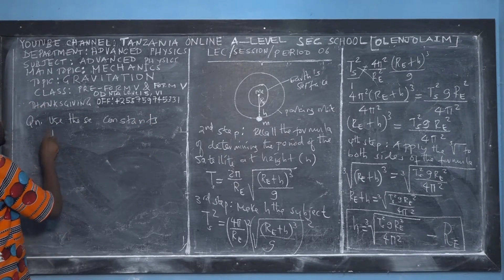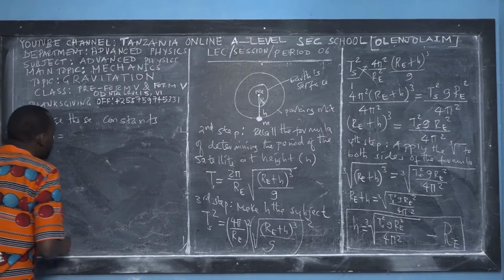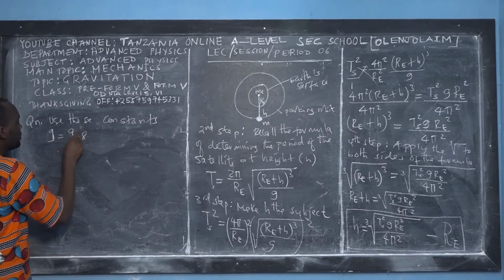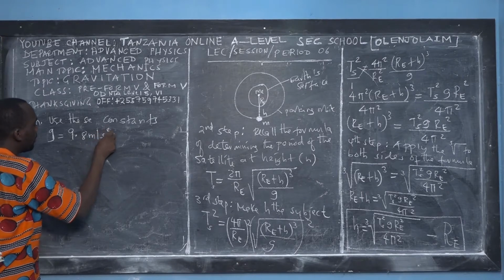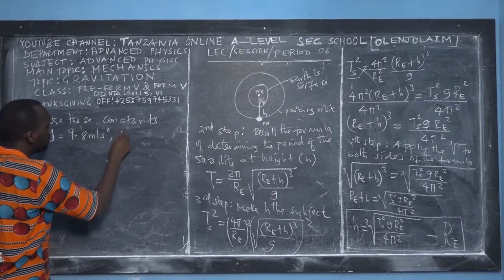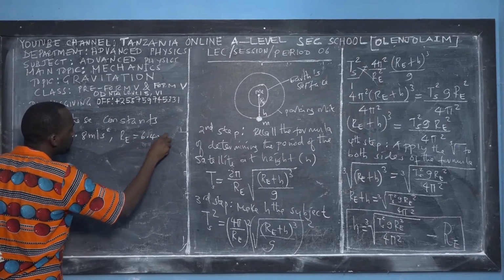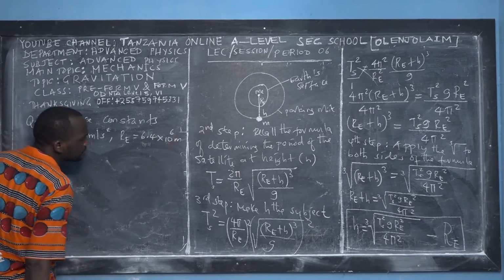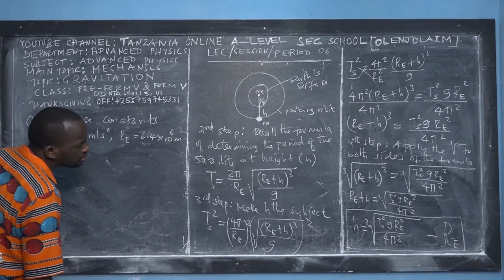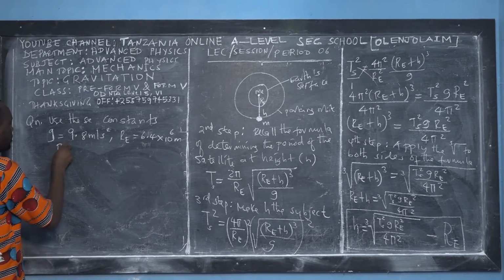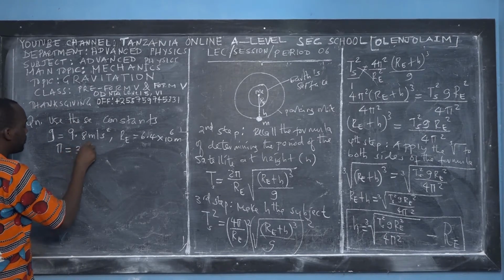What are the constants? Acceleration due to gravity is 9.8 meters per second squared. Again, we need the radius of the Earth, which is equal to 6.4 times 10 to the power 6 meters. And then we need pi, which is equal to 3.14.